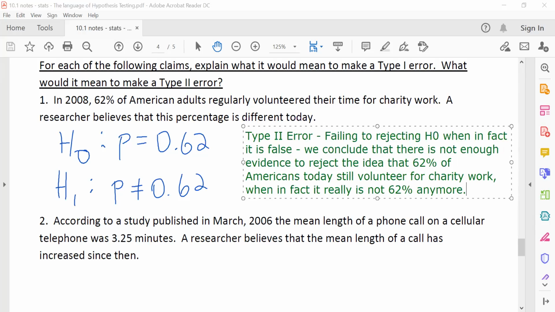This would be kind of like we're claiming that the alternative hypothesis is the case, even though that's technically not what we do. This is us claiming that the null hypothesis may very well be the case, when in fact the null hypothesis is no longer true in this particular case.